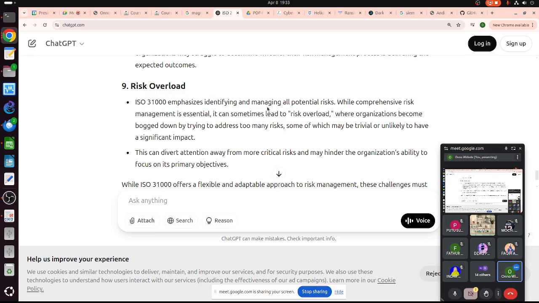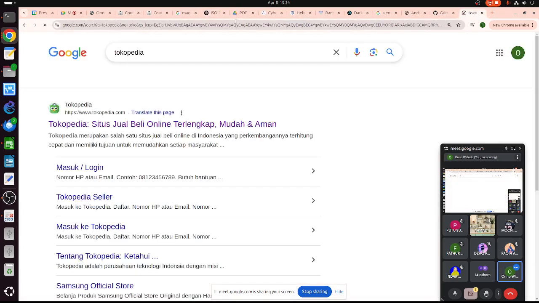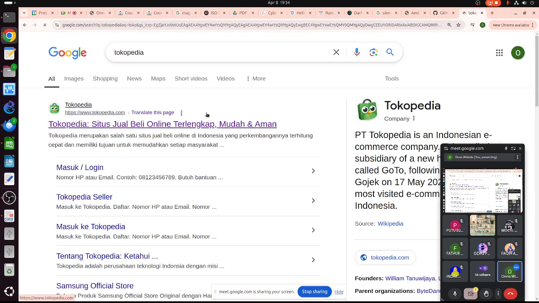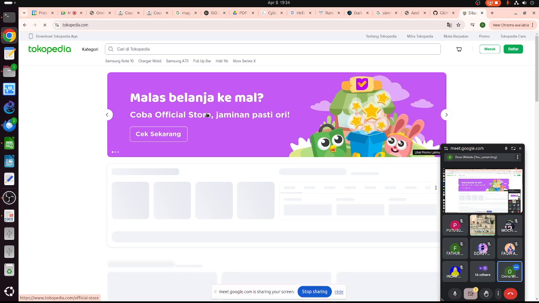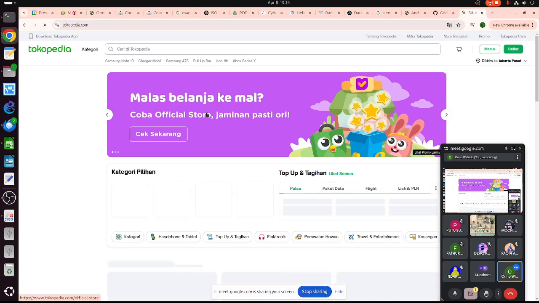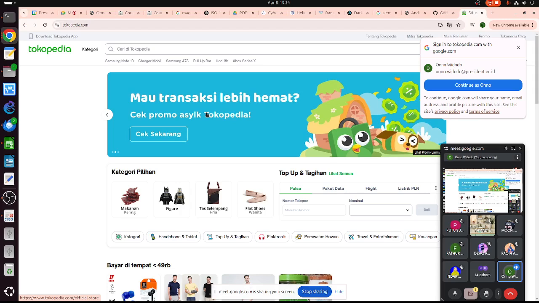It's okay. Okay, when we deploy an application for the public, if we run a platform, for example, like Tokopedia, or we run an application on Google Play Store, do they need ISO 27000?